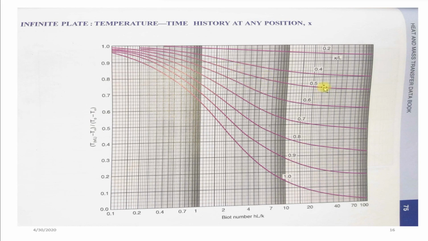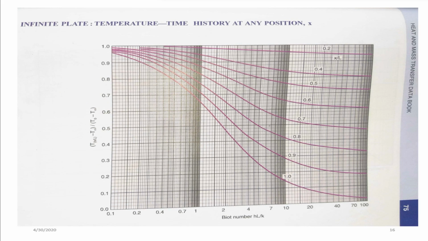Then the Biot number 0.165 is somewhere here, between 0.1 and 0.2, and the 0.5 line is ending here. The approximate value you can take is near 0.97 or 0.98. You have to take an approximate value, because the 0.5 line is ending here and the 0.165 line is somewhere here. So it is 0.97 or 0.98 you can take as the y-axis value.